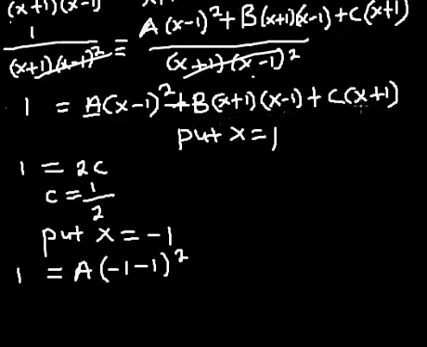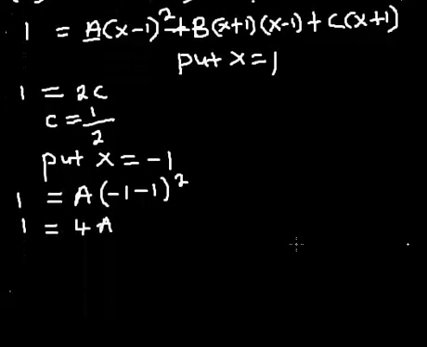If I put s to minus 1 here, minus 1 plus 1 is 0, c will be eliminated, so I'm only left with this. So minus 1 minus 1 is minus 2, and minus 2 square is 4, right? So I'm having 1 is equal to 4a, which gives me a to be equal to 1 all over 4.